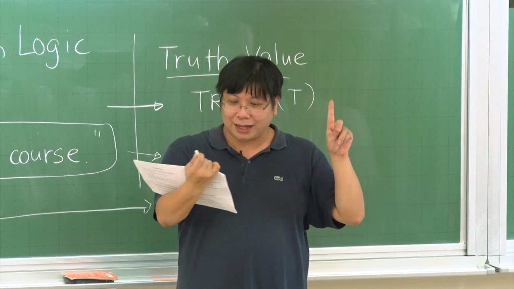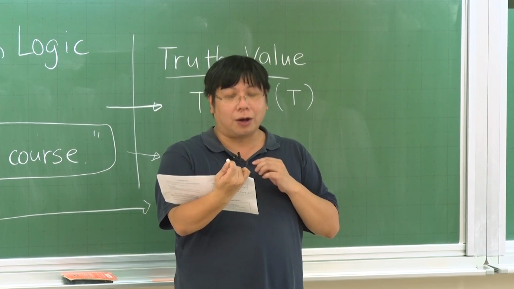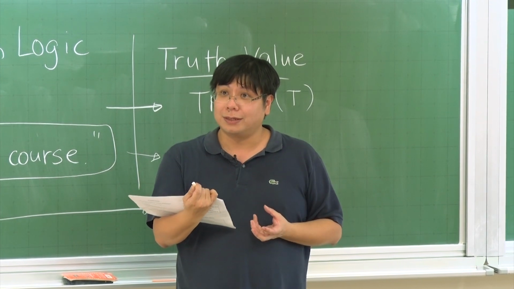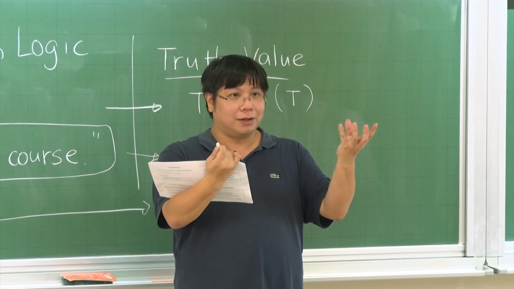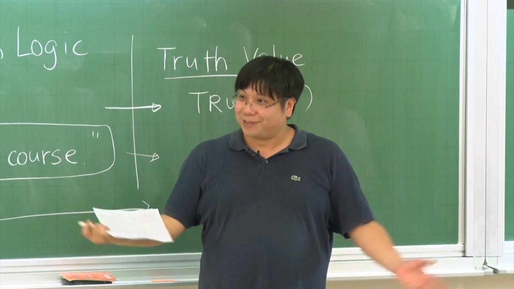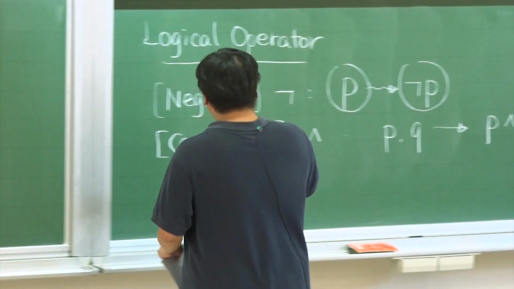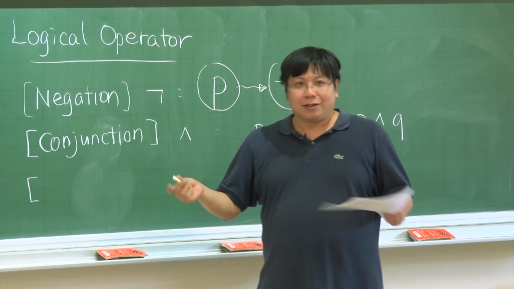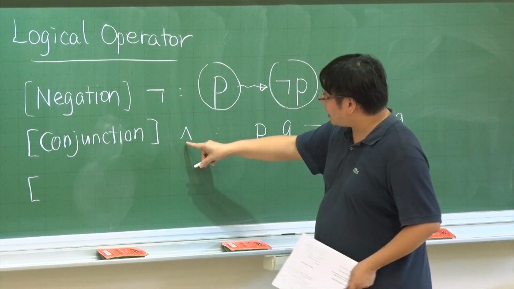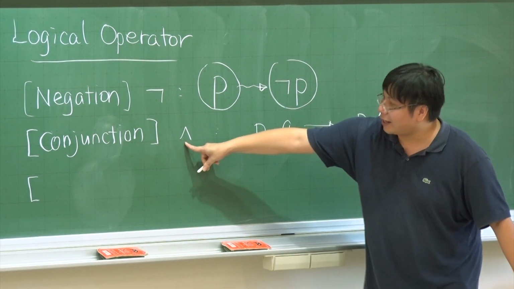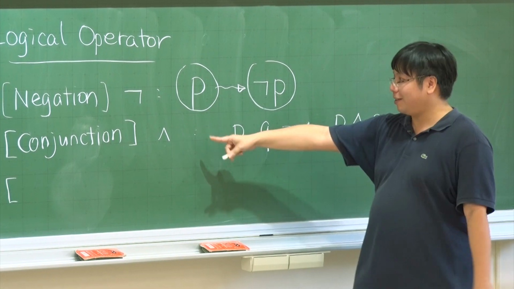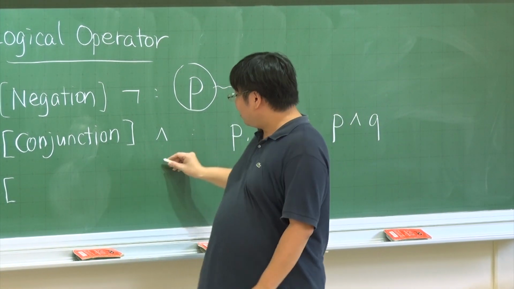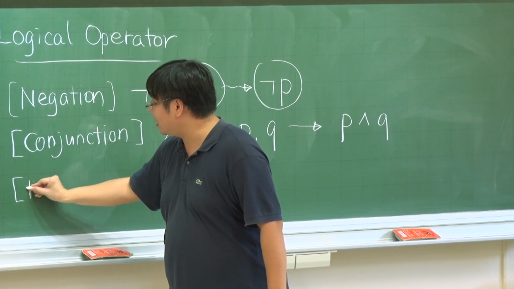True. Very good. This course is held on Monday and Friday. Is it true or is it false? False. So how about the and of them, the conjunction of them? False. Very good. That's it. Easy. Now, this reads as and. It looks like the English character A, right? So together, and. Now, something that is similar, we call it the disjunction.